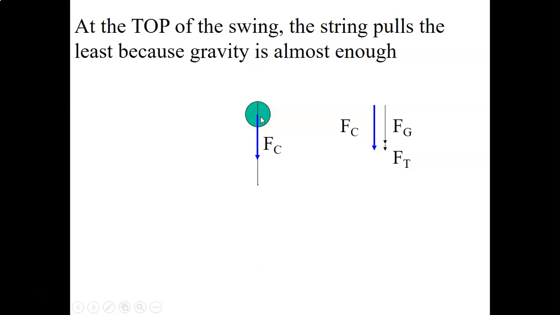We want the centripetal force at the top pointed down. Gravity points down, and so the force of tension only has to make up the difference between gravity and the required centripetal force. So a little bit. At the top, the string is not very tight.